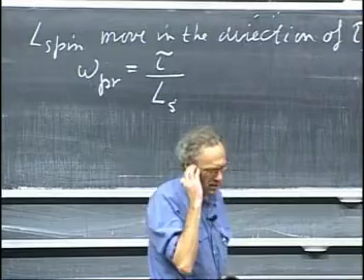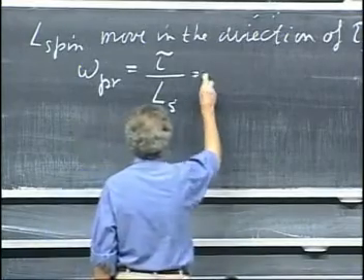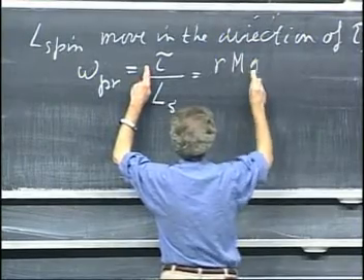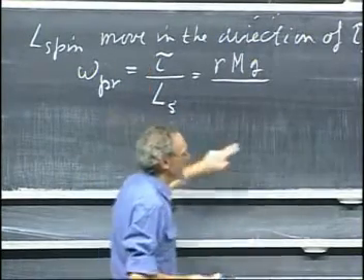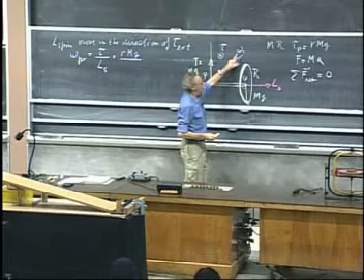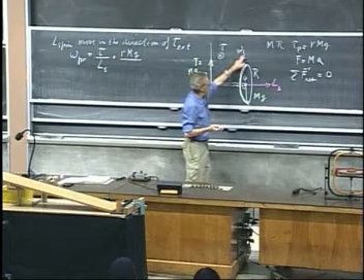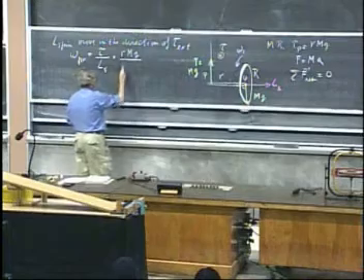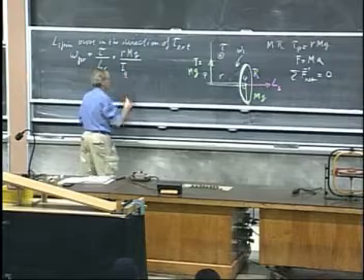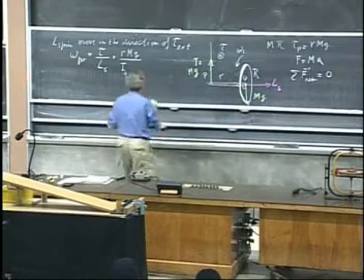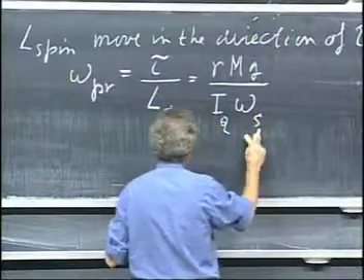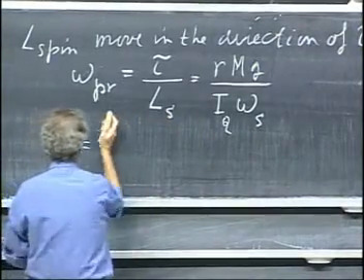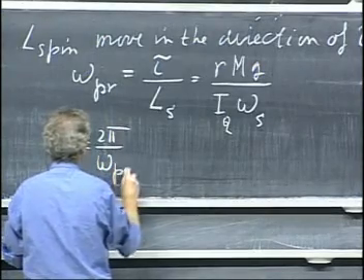That gives you the frequency of the precession. In our case, for our bicycle wheel, it is RMG, and the spin angular momentum of this wheel, if it is rotating with angular velocity omega s, would be I times omega. Remember, L is I times omega of a spinning wheel. So I have here I, rotating about point Q, this is the axis of rotation, times omega of the spin. This is the spin, and this is the precession. And then the period of precession would be 2 pi divided by omega precession.